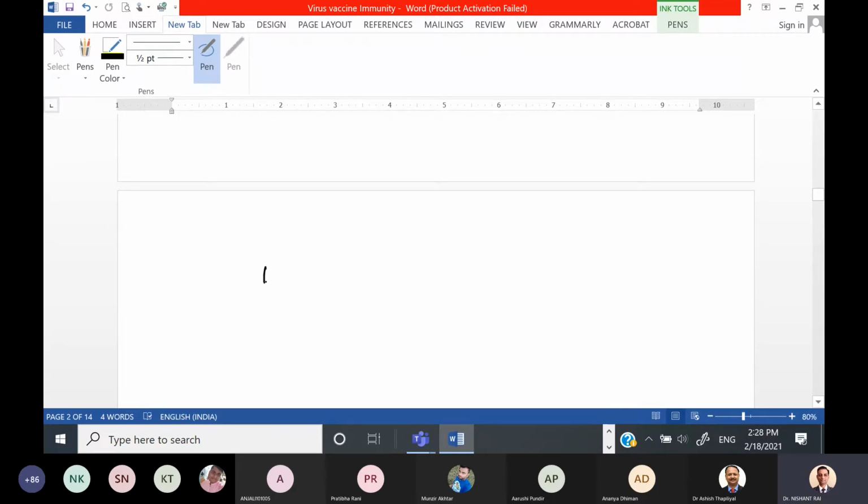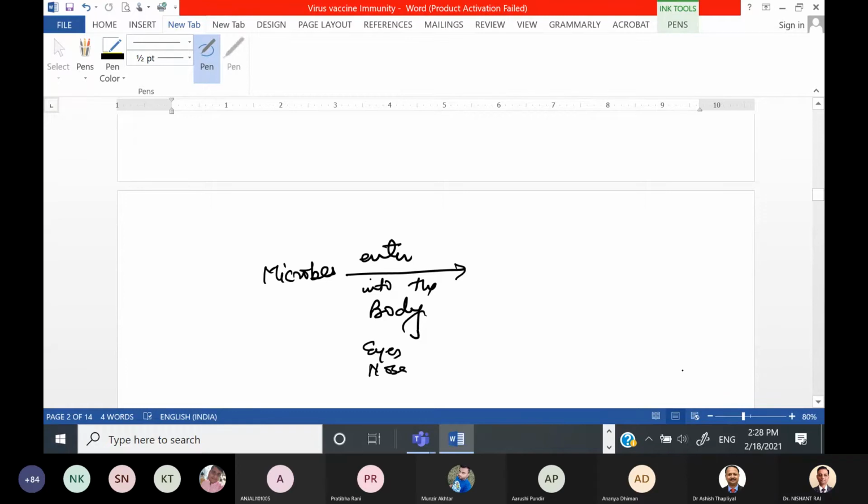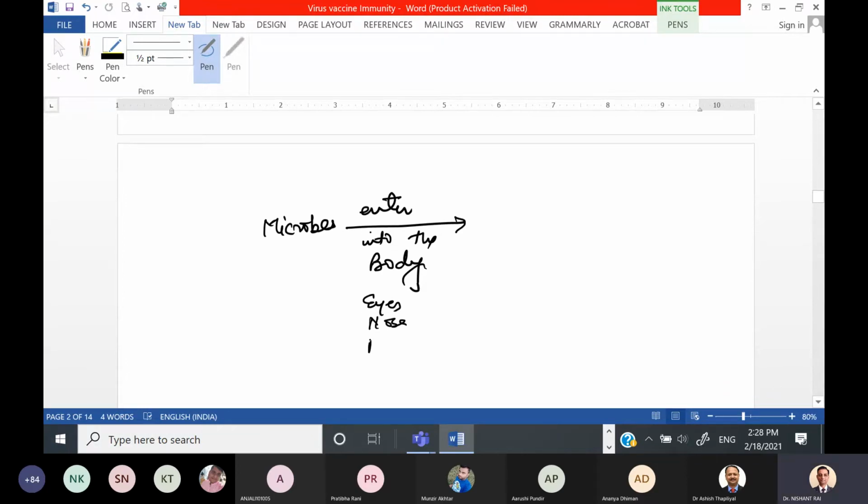So microorganisms or microbes enter into the body through different routes like eyes, nose, mouth. And when we say nose, it means it is an inhalatory route or respiratory route.